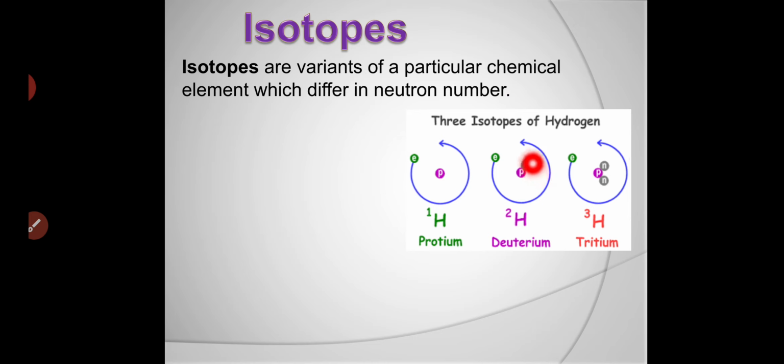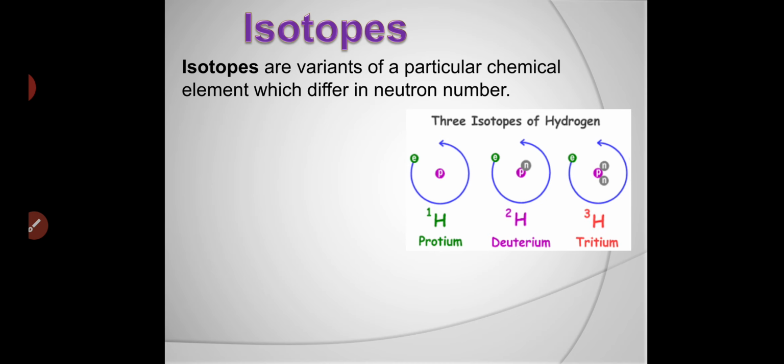In general, isotopes do not have any particular names, but in hydrogen we have names: protium, whose neutron number is 1, deuterium, whose neutron number is 2, and tritium, whose neutron number is 3. Right? So hydrogen contains only one electron and one proton, but some hydrogens exist which contain 2 neutrons and 3 neutrons.